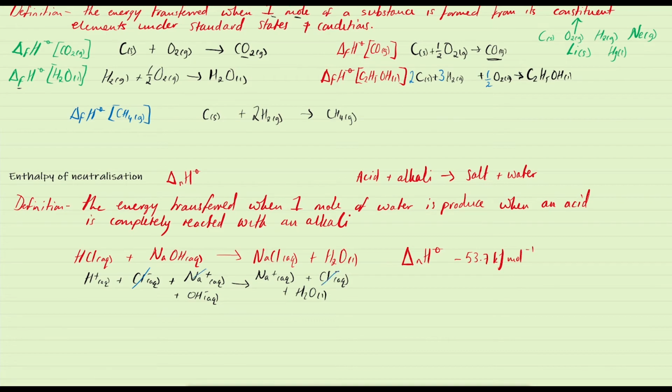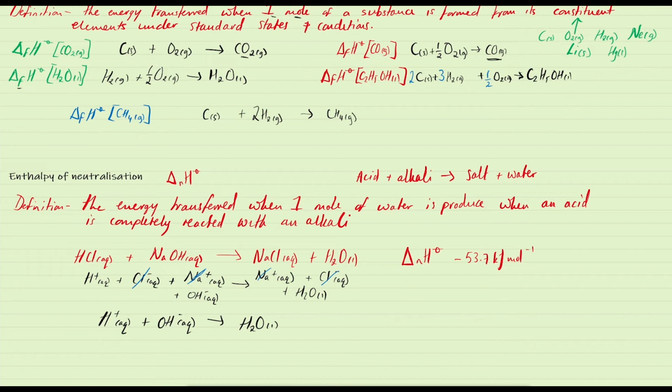Sodium still +1, same oxidation number and same state, leaving you with the following ionic equation. Right, so it gives you hydrogen ions plus hydroxide ions gives you water, H2O, 1 mole at that as well. Remember, this is kilojoules per mole of water being produced. That's how much energy is being produced.